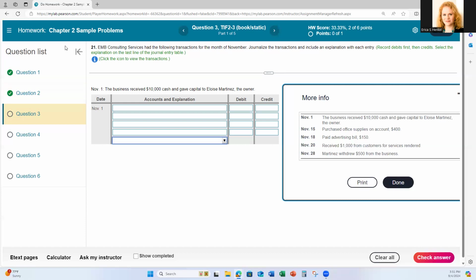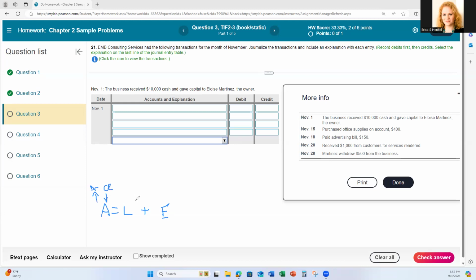Now, remembering, I'm going to write this down again. I'm going to write down the accounting equation. Assets increase through a debit, which is on the left, and they decrease through a credit on the right.